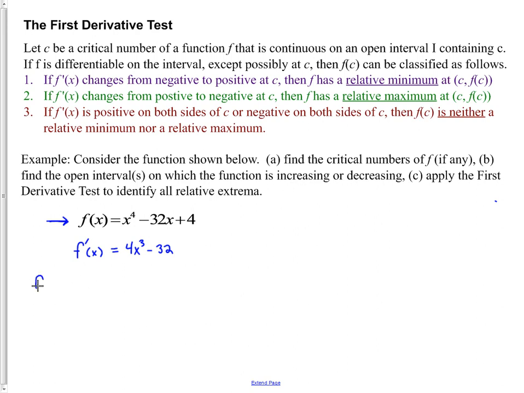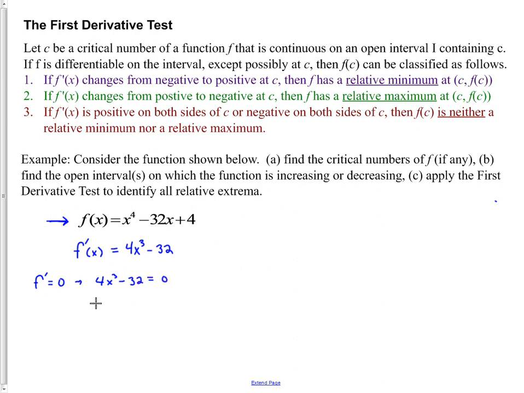Our critical numbers occur where f prime is equal to 0 or where f prime is undefined. There are no points where f prime is undefined, since 4x cubed minus 32 is defined everywhere. But there's at least one point where 4x cubed minus 32 equals 0.